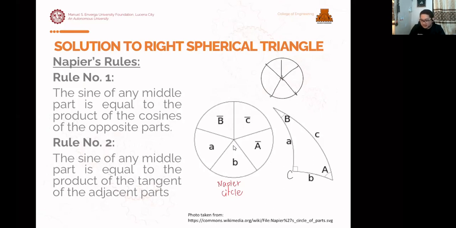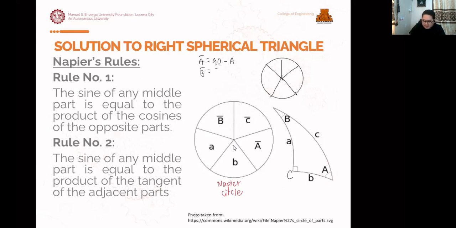And then, kung alin yung 90 degrees, yung opposite niyang side, which is yung small letter c, kukunin natin yung bar C niya. Okay? Meron tayo dito sa Napier circle, bar A, bar B, tsaka bar C. So, ang meaning ng mga yan, si bar A, equivalent yan sa 90 minus yung angle A natin. Kumbaga, kino-convert natin siya para maging applicable siya dun sa Napier circle natin.